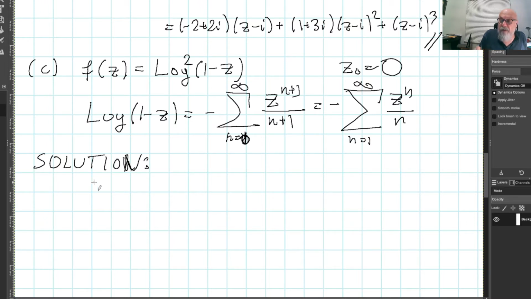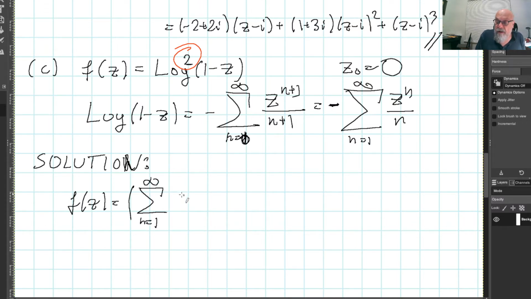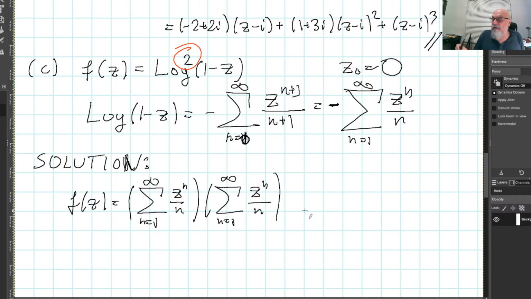And in here, of course, that means this f of z is a product of two series. Here, of course, we have this minus 1, but since we have the square, I can just forget this minus 1 and simply write that this is equal to the sum, n equal 1 to infinity, of z^n divided by n, times the same sum.